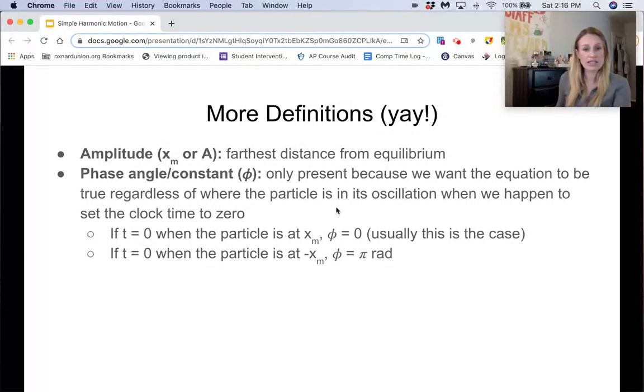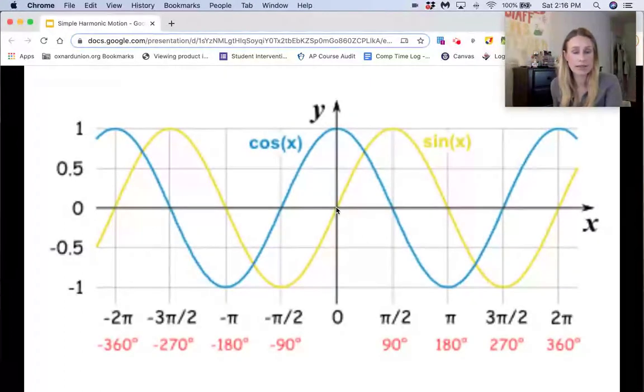And the reason for this is if we look at the cosine graph here, we're using our displacement as a function of time equation: the amplitude times the cosine of the whole phase, which was omega times t plus the phase constant. If we start at a positive amplitude position, like the cosine graph is, our phase constant would be 0 because we don't have to shift that graph at all.